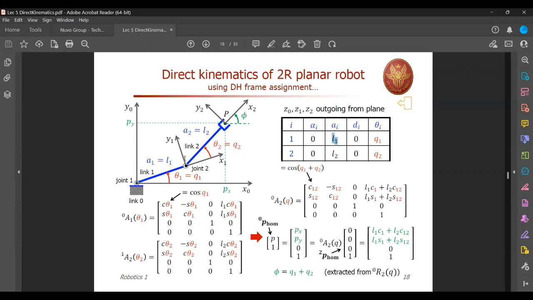And you have Z1 here and Z0 here. Z0 to Z1, both axes are out of the screen, vertically or normal to the screen. So therefore, the alpha is 0 because the Z-axes are parallel in this case.